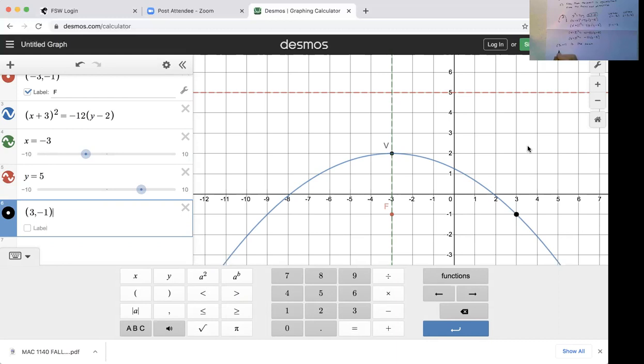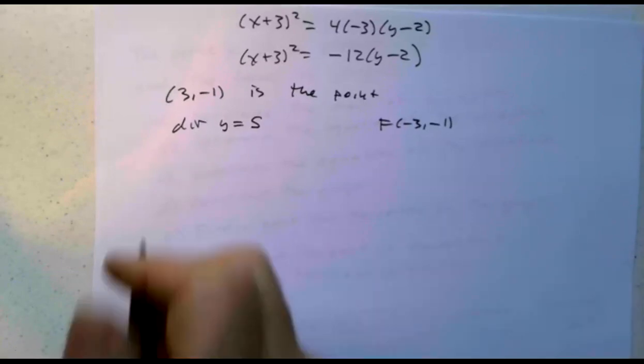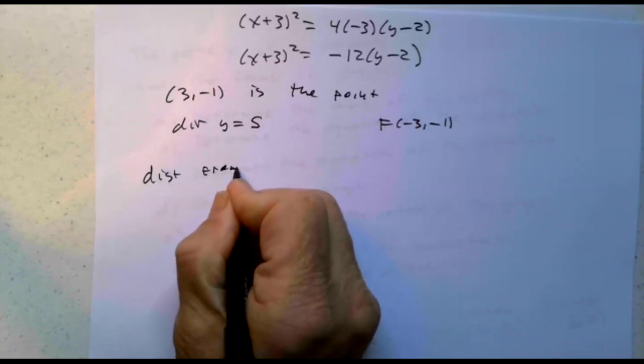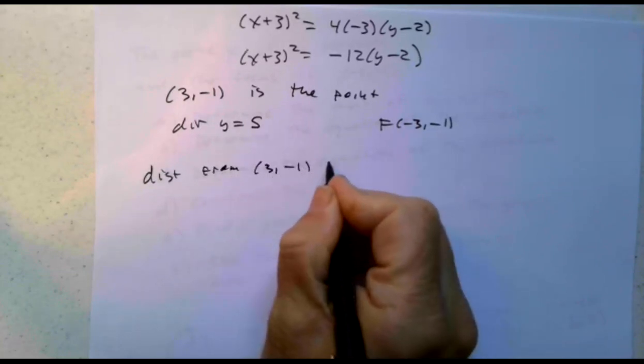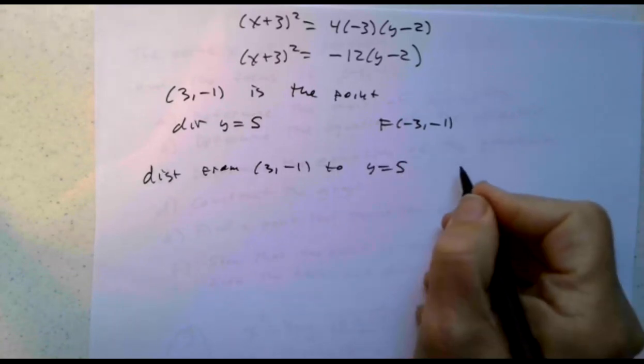Directrix is y equals 5. Focus is (-3, -1). So what can we say? This is the information. Let's see, from (3, -1), the distance to y equals 5 is what?